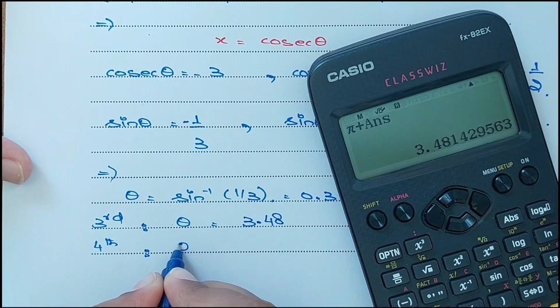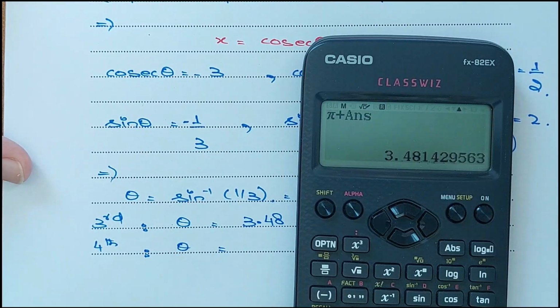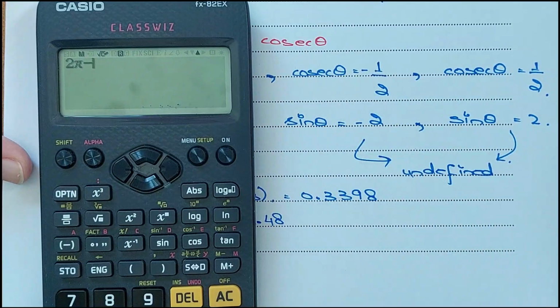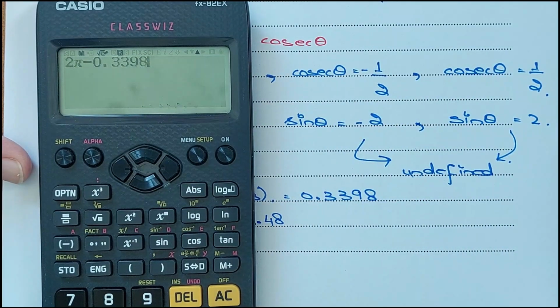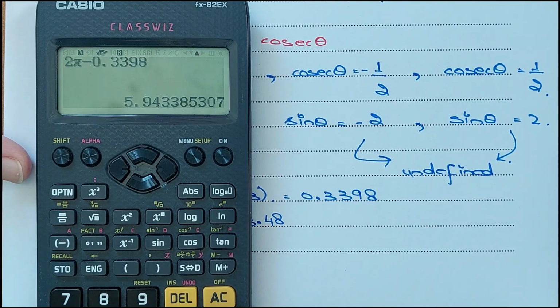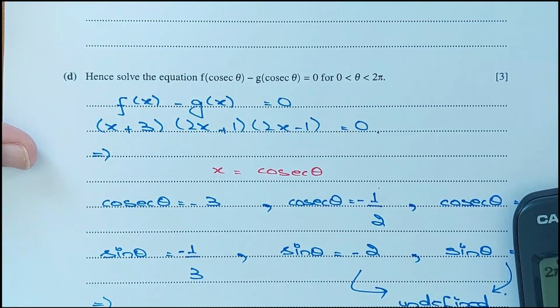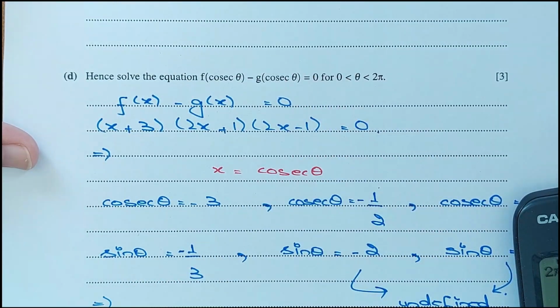And for the fourth quadrant, we do 2 pi minus theta. So 2 pi minus 0.3398 is 5.94. And these two values are in the range 0 to 2 pi.